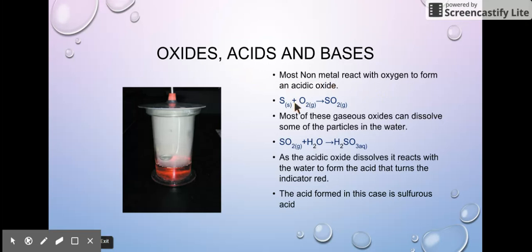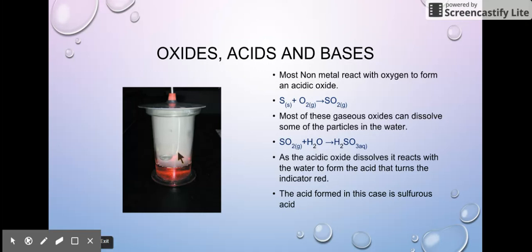Okay, now when you burn a substance in oxygen, then it will form an oxide. So if you start out with something which is non-metallic, such as yellow sulfur, and you burn it in oxygen or in air, which is 1/5 oxygen, then you end up with sulfur dioxide, and that's that white powdery vapor up here. And some of these are pretty good at dissolving in water, but that's not just pure water.